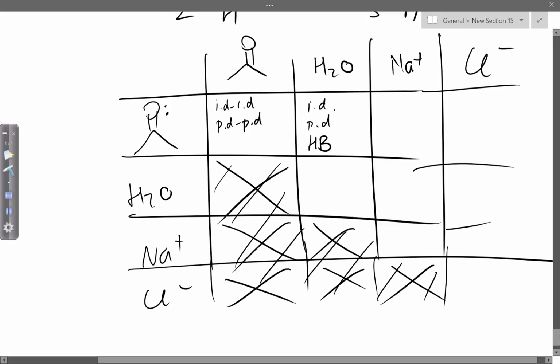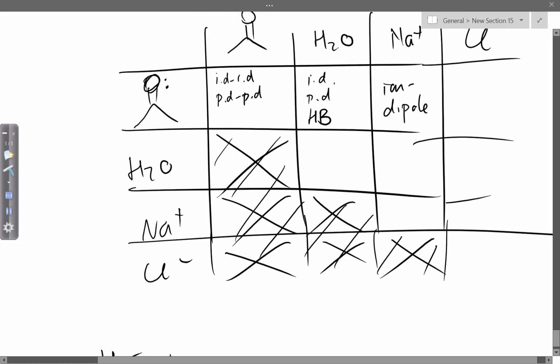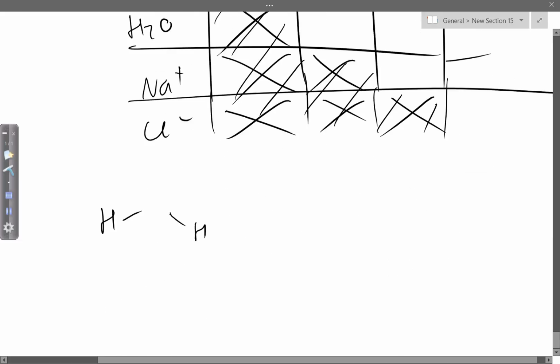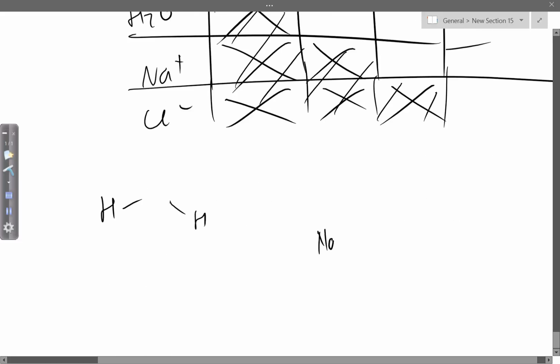Next, what about these two? Sodium plus and this species. There can be ion dipole, right? How is it going to be orientated? You have this, draw here. You have the Na+ here, right?